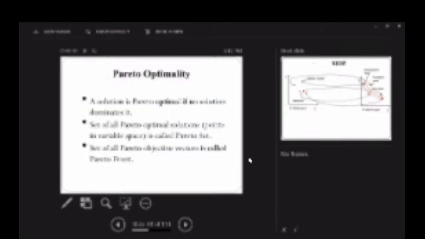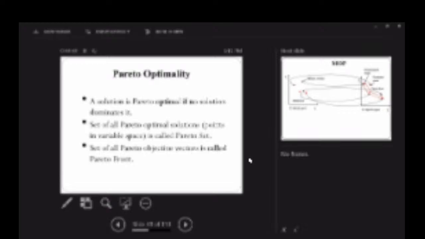Okay, so for Pareto optimality, our main target is how to determine the Pareto optimal solution. So how do we determine Pareto optimality? Conceptually, a solution is Pareto optimal if no solution dominates it.